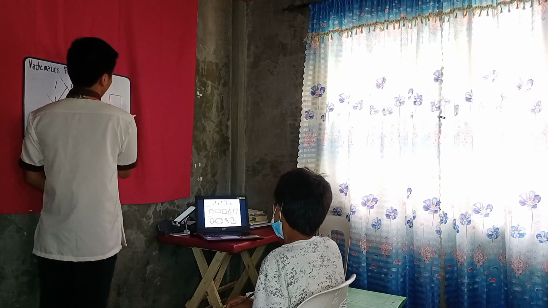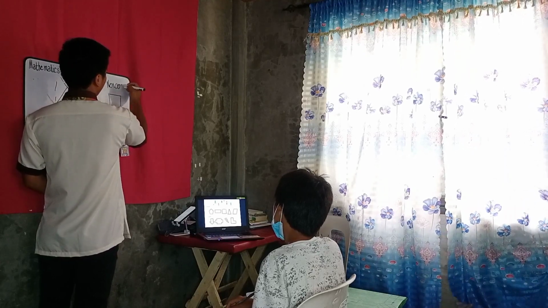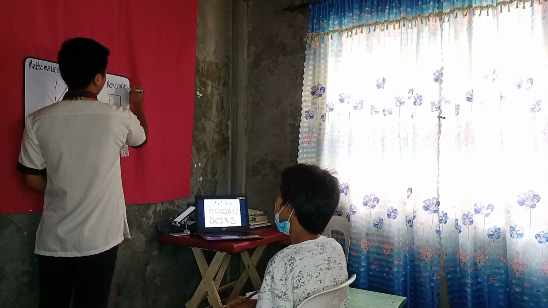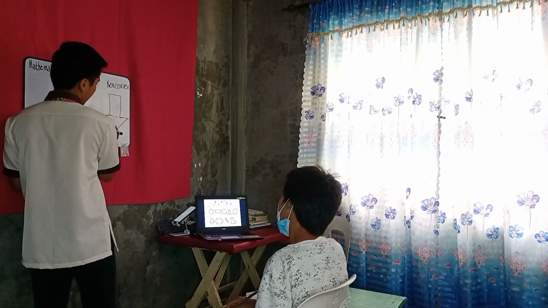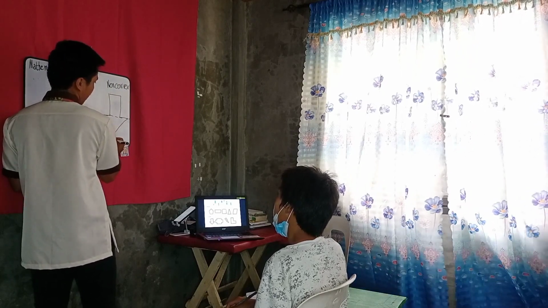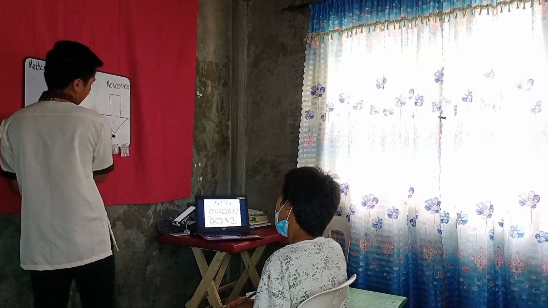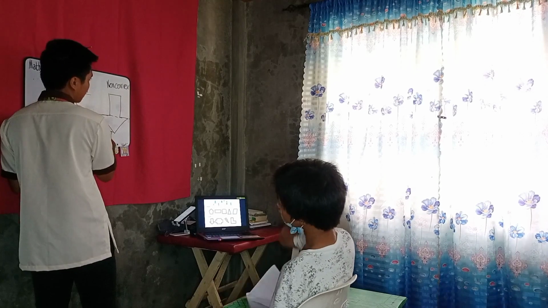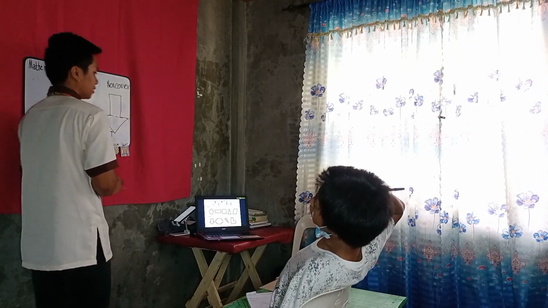Meaning to say, figure 2 is non-convex polygon. Ganun din sa ating pangalawang example. Kung in-extend natin ito, nagkaroon tayo ng line. So, meaning to say, isa siyang non-convex polygon. So, is that clear, class?